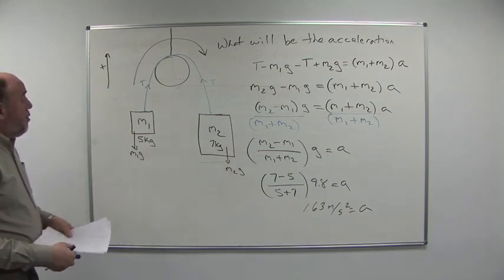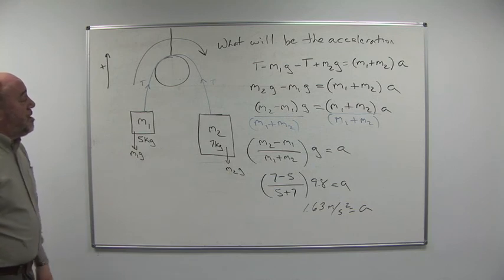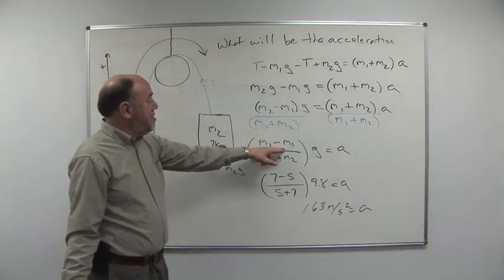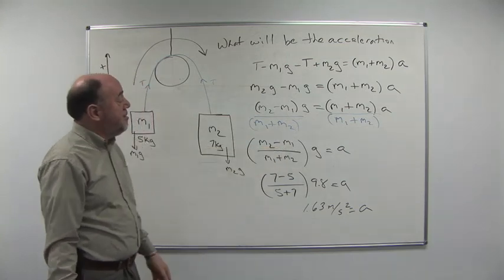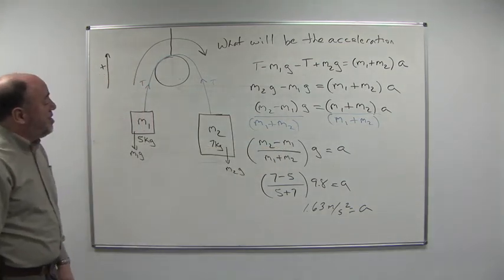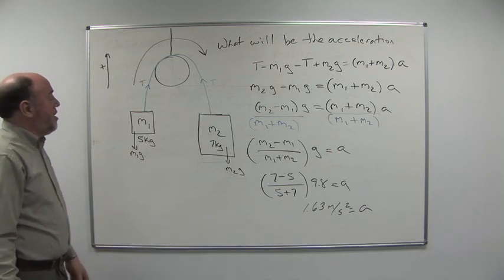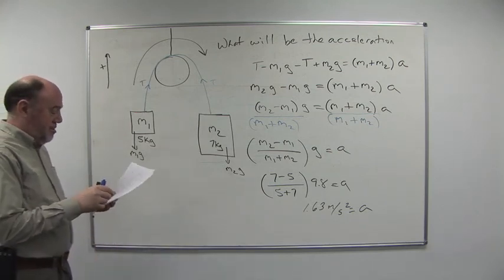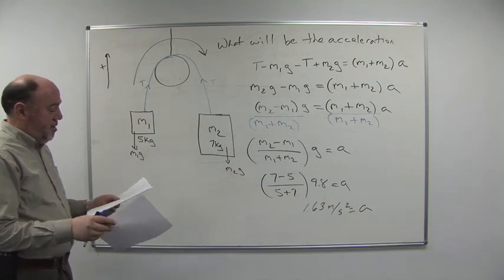So if both objects actually weigh the same, then this thing goes nowhere, okay? Because if you look at this equation, this top term would be 0. And when m2 is much, much greater than m1, you end up going towards the extreme, which would be free fall.